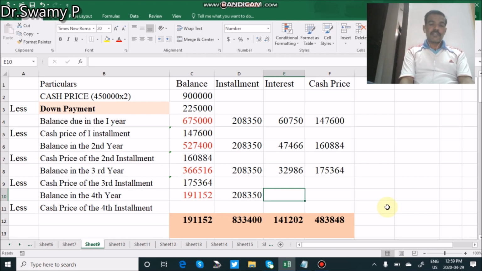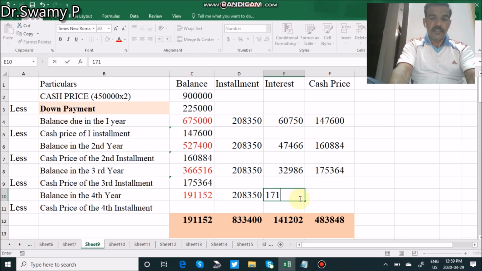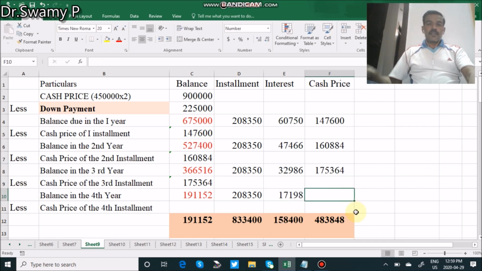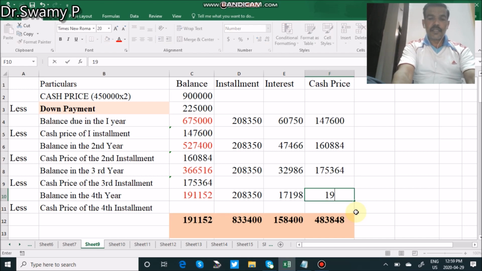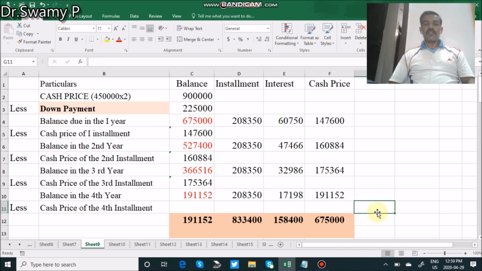Therefore, I will take the difference between the installment amount and the outstanding balance, and the difference between these two will be the interest amount of the last installment. Therefore, the interest amount for the last installment comes to 17,198. Then the cash price of the last installment is the same as in cell C10. 1,91,152 is the cash price of that installment.